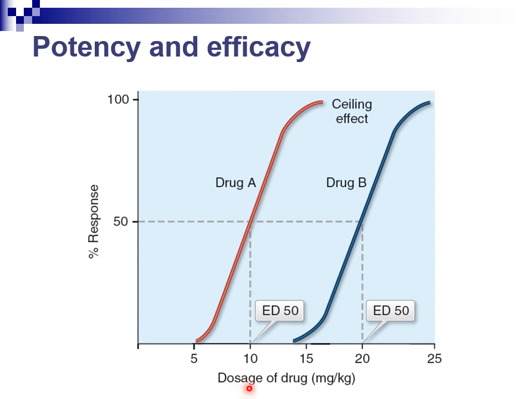So in this case, we are talking about dosage, whereas in the past we were looking at concentration, but we're considering them to represent the same thing. And here's response. So here's drug A, which reaches the ED50 at a lower dose than drug B. So I hope you can see on your own that drug A is more potent, but both are equally efficacious.